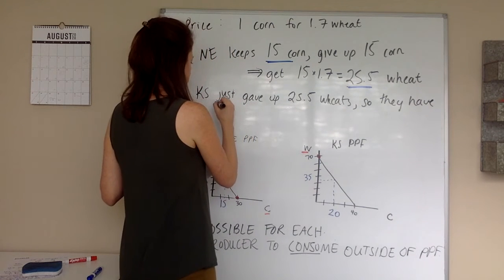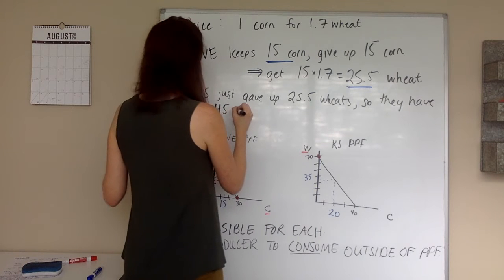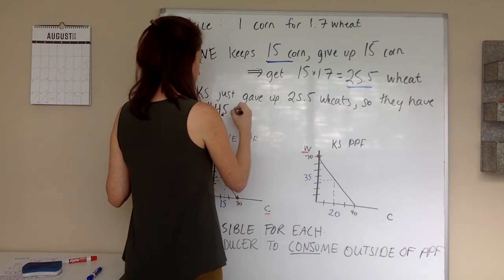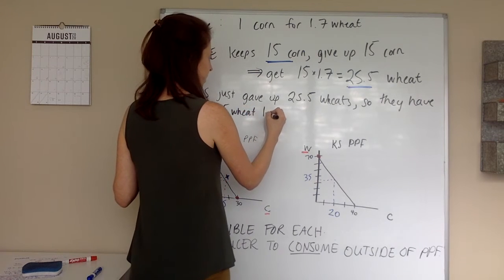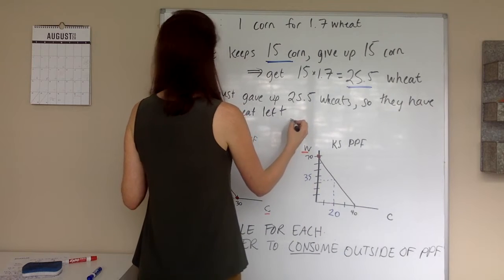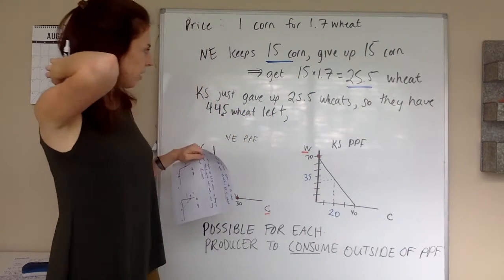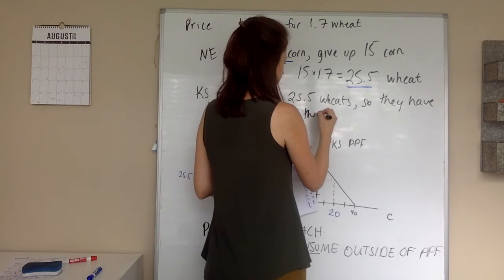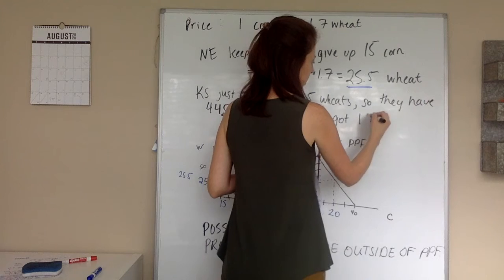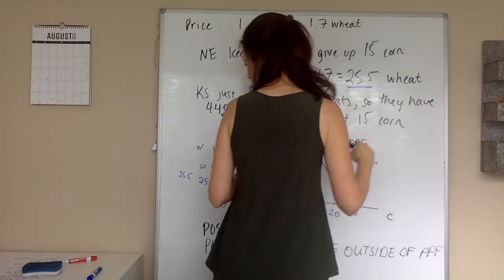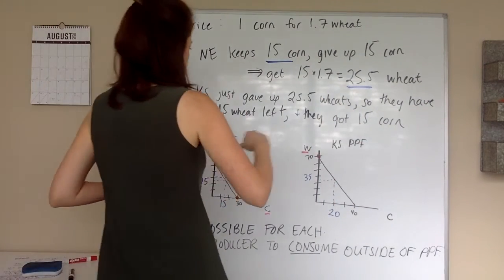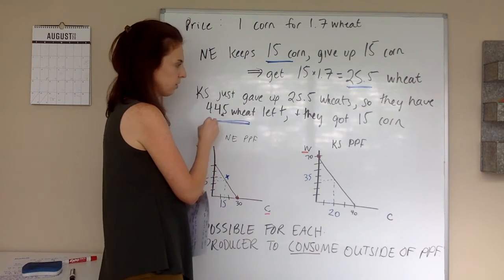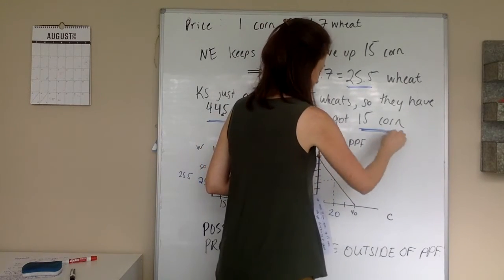So they have 44.5 units of wheat left. And in this trade, they brought in 15 units of corn. So this means that at the end of the trade, Kansas now has a total of 44.5 units of wheat and 15 units of corn.